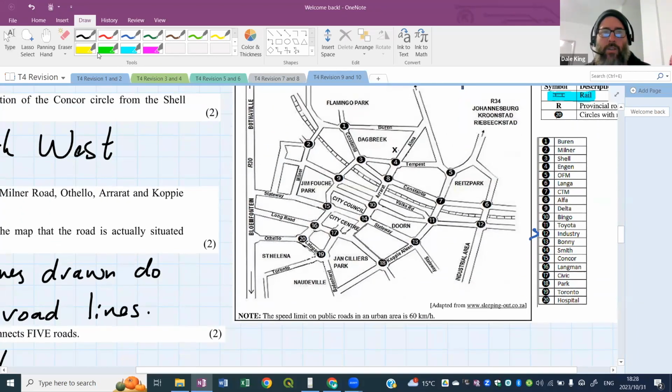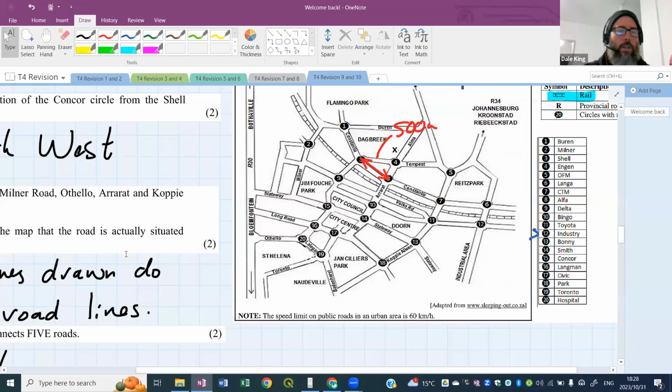Exiting alpha to entering engine. Where is alpha on the right here? Alpha is number 8. There's alpha. Engine is number 3. So from exiting alpha to entering engine is a certain ruler measurement. Okay, so it's this distance here between the two traffic circles, and they say in the real world that is 500 meters.